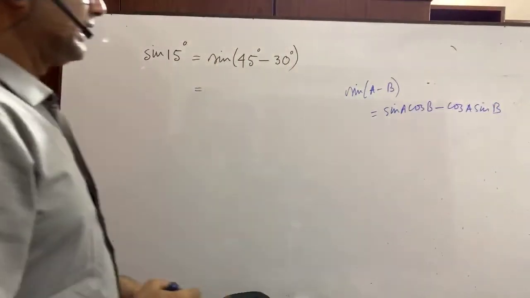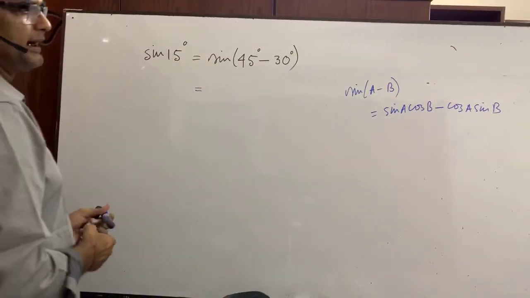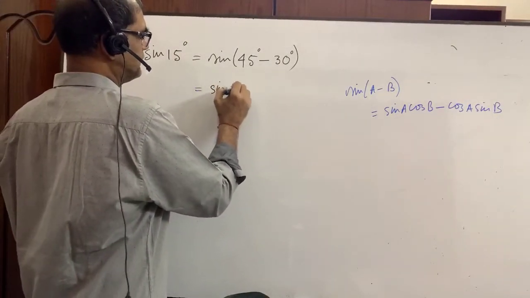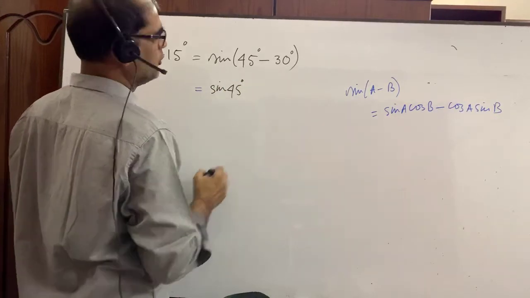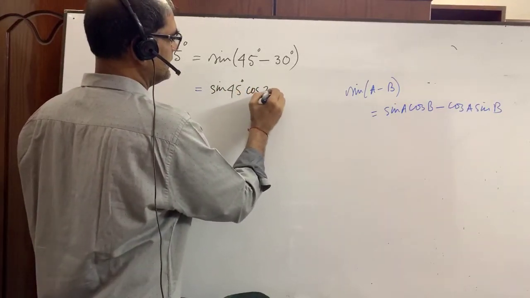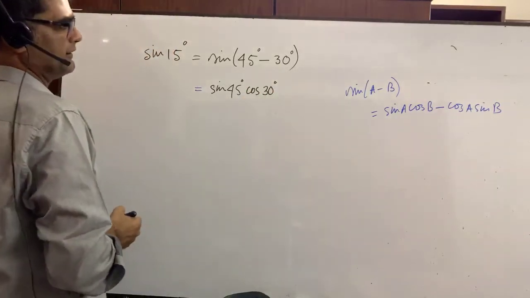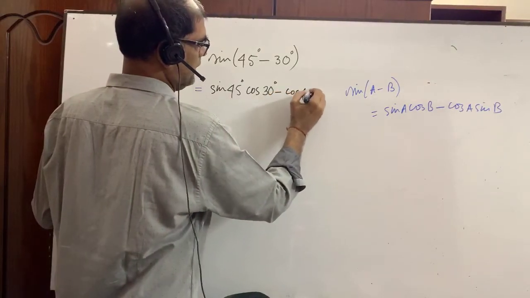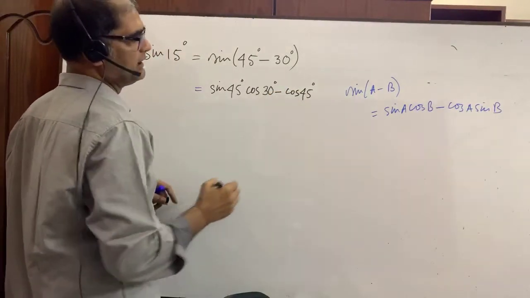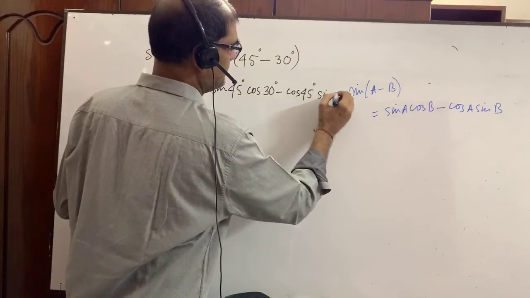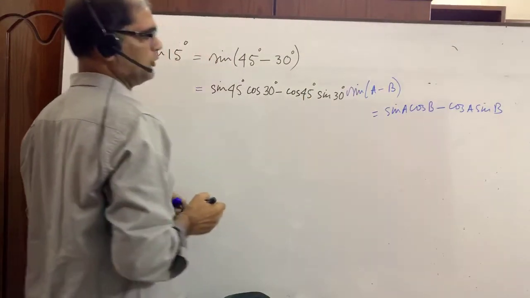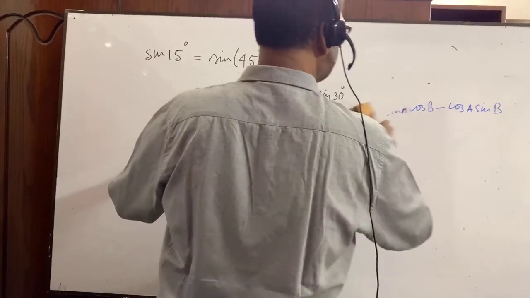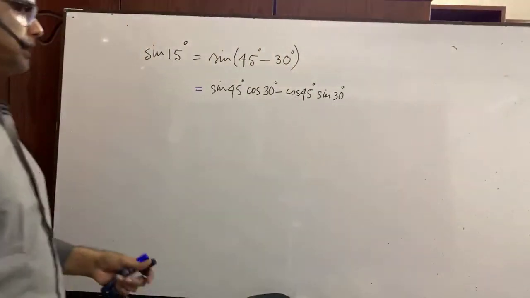Here, sin A cos B minus cos A sin B, with A as 45 degree and B as 30 degree. That is the formula for this math.